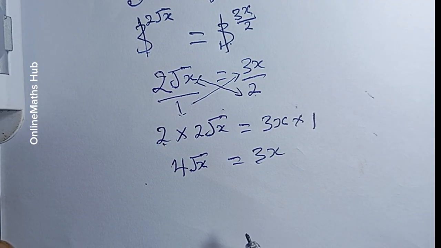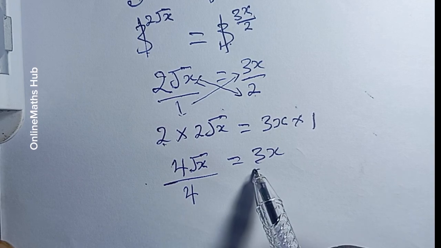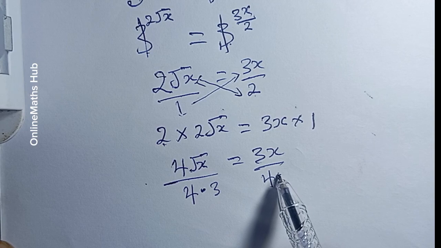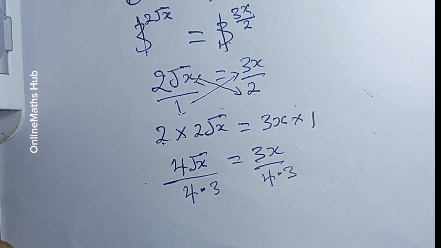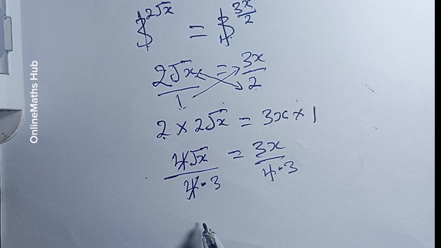So what I'm going to do next is to divide through by 4, and then also divide through by this 3 right here. If that be the case, this 4 is going to cancel this.